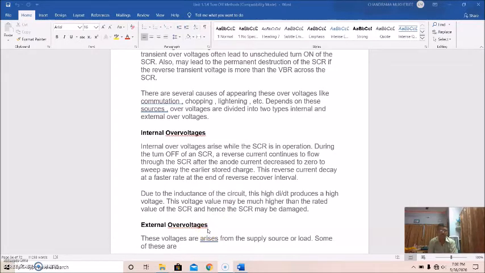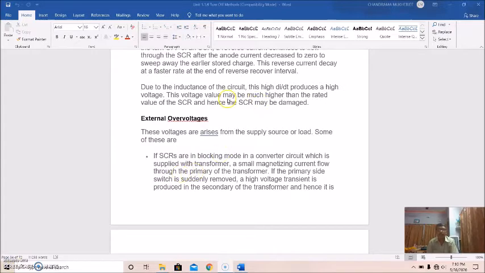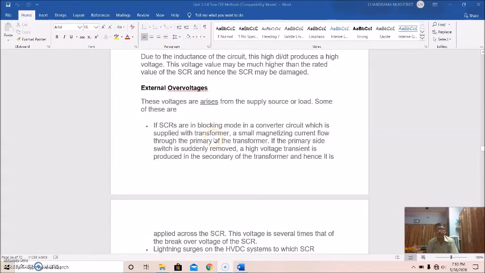Protection must be taken against it, to protect the thyristor or SCR from permanent damage. We have discussed internal overvoltage. Now we will discuss external overvoltage. External overvoltages arise from the supply source or load. Some of these may occur with the SCR in blocking mode in a converter circuit supplied with a transformer, where a small magnetizing current flows in the primary of the transformer.